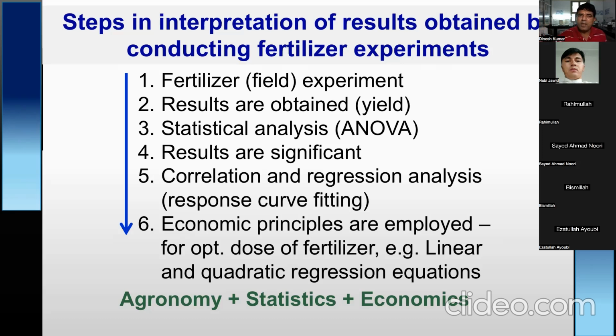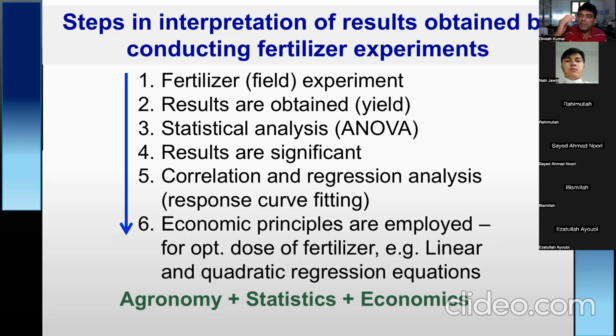Each replication will have an equal level of treatments. Suppose 9 treatments are there, so 9 treatments will be repeated 3 times. So that is your replication. The source of variation can be replication because the fertility of blocks or different replicates may be different. So due to replication, you can get variation in data.